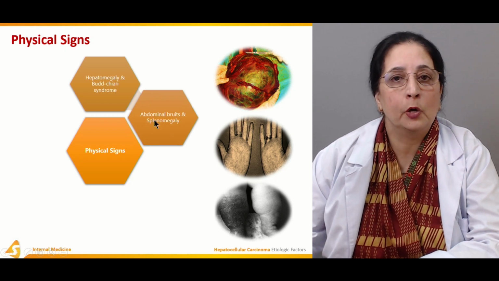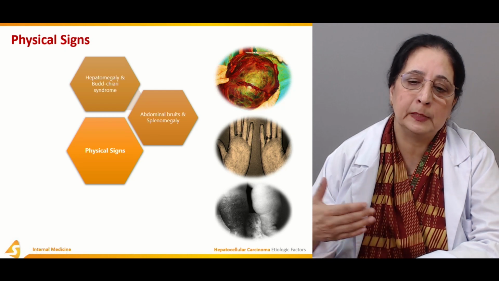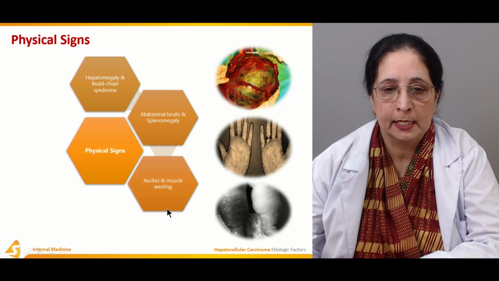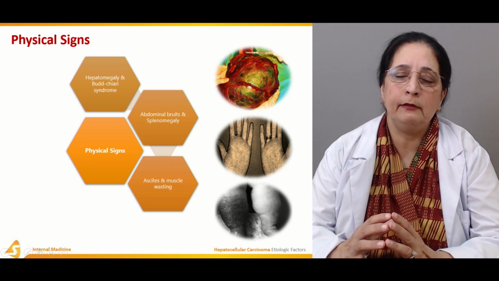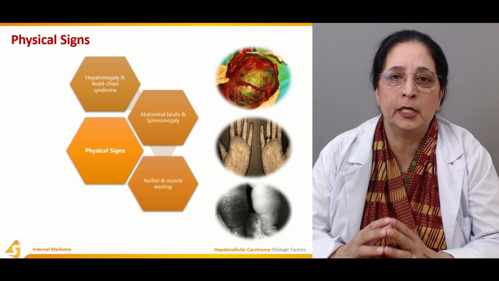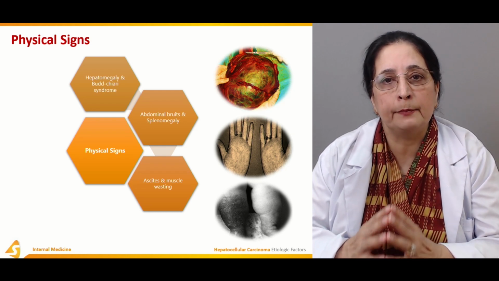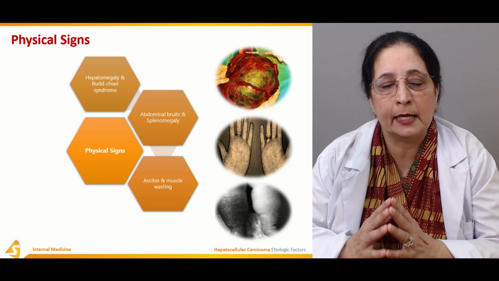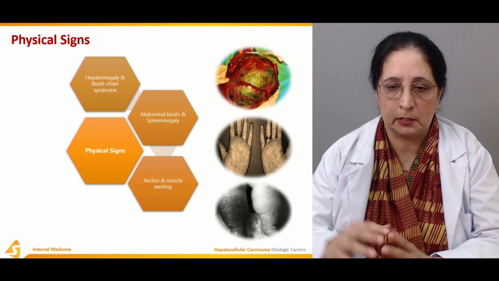There are abdominal bruits and splenomegaly. Enlargement of the spleen is also present. Ascites and muscle wasting. Ascites is very common and associated with cirrhosis of the liver. There is fluid in the abdominal cavity, and that's the ascites. There is muscle wasting also.